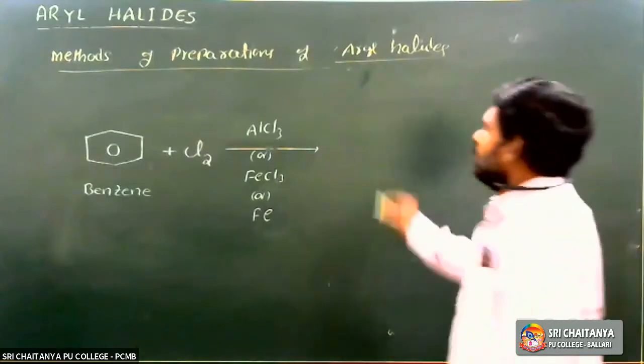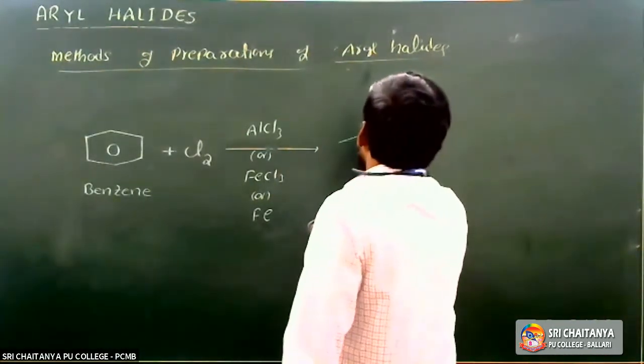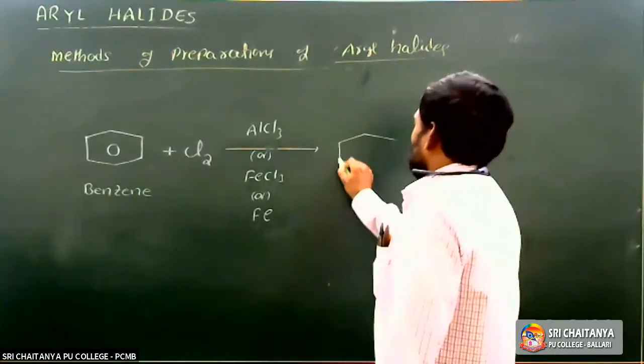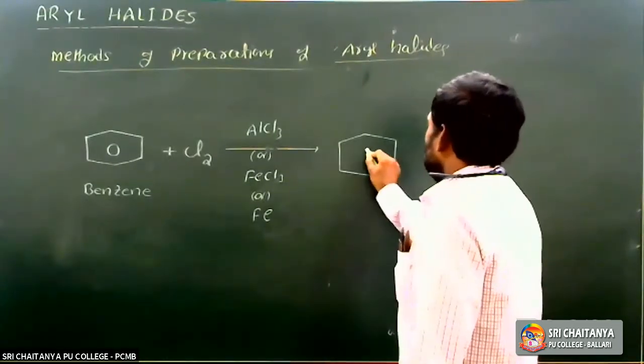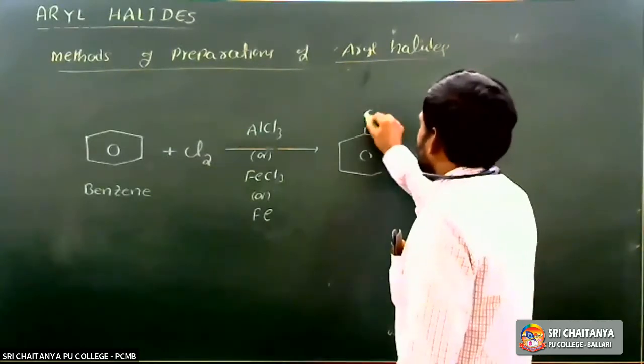So it gives chlorobenzene, where chlorine is substituted on the benzene ring.